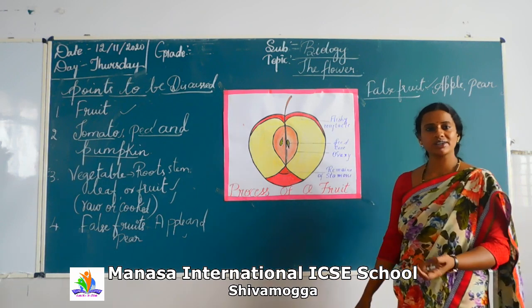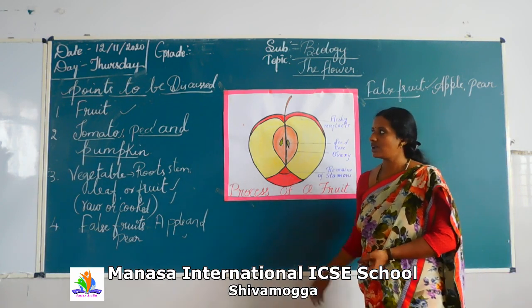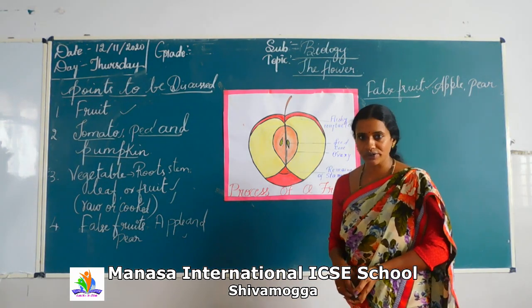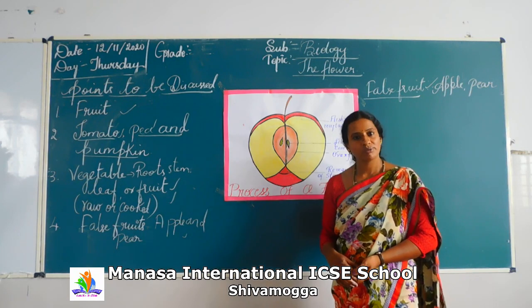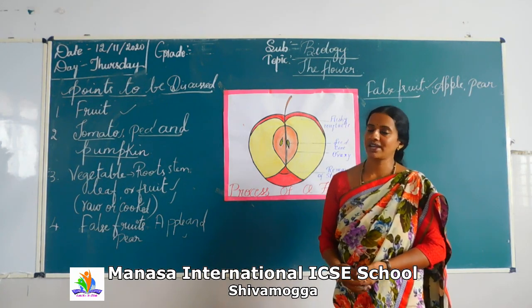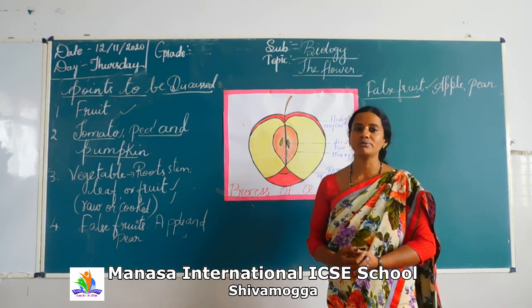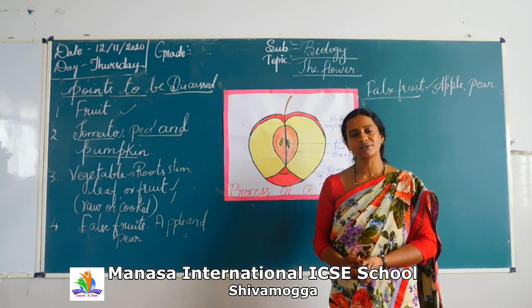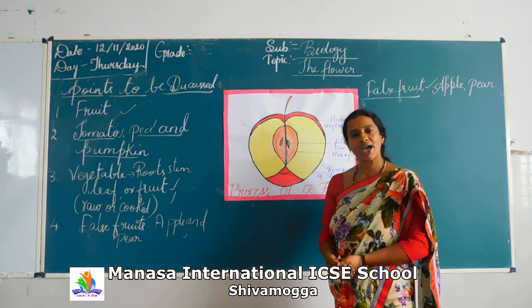I hope I am clear with this explanation. Let us recall this once. Fruit is a ripened ovary. In a similar way, some vegetables are also categorized as fruits because they are developed from the flower part of the plant. The examples are tomato, pea and pumpkin.